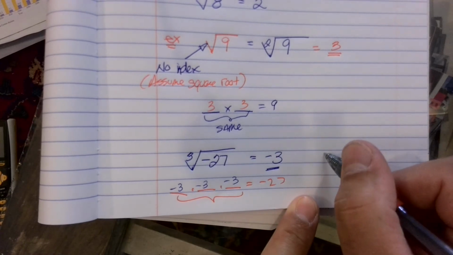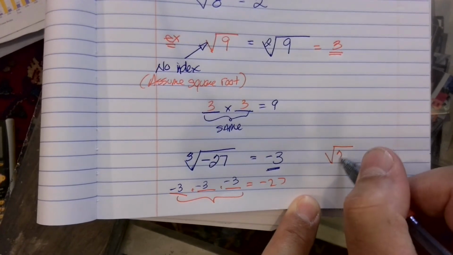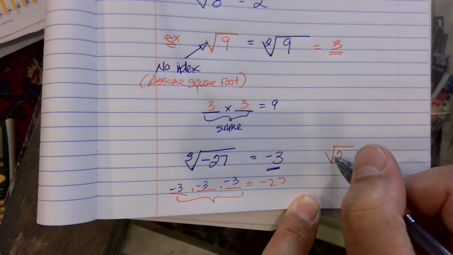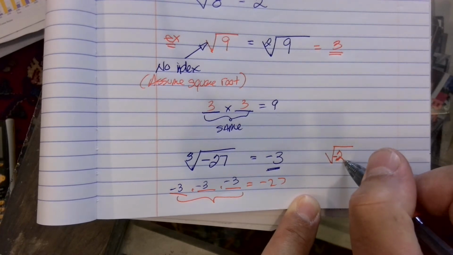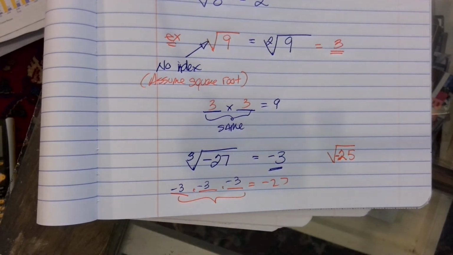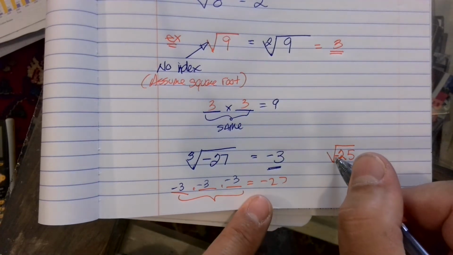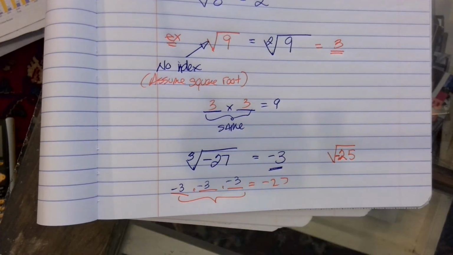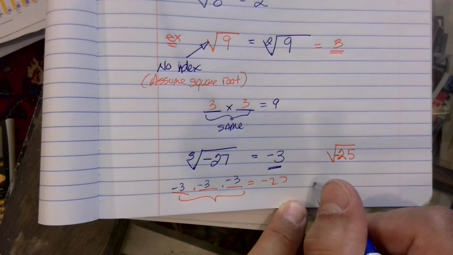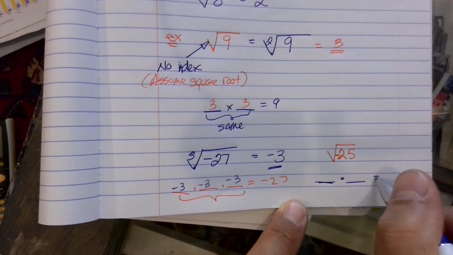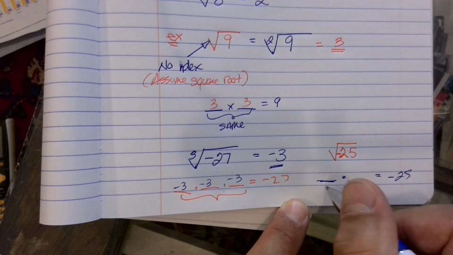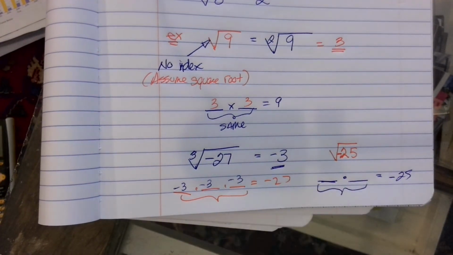What if I had the square root of negative 25? Right, there's no index, so this is a square root. So this is asking what times what will give me negative 25, where these 2 factors are the same. I know 5 times 5 is 25, and negative 5 times negative 5 is 25.